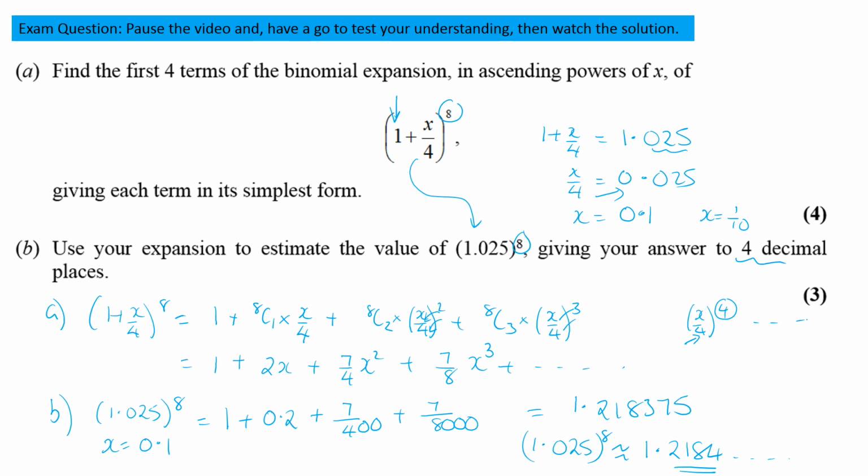They're going to be very, very small. So it is a good approximation to 4 decimal places.